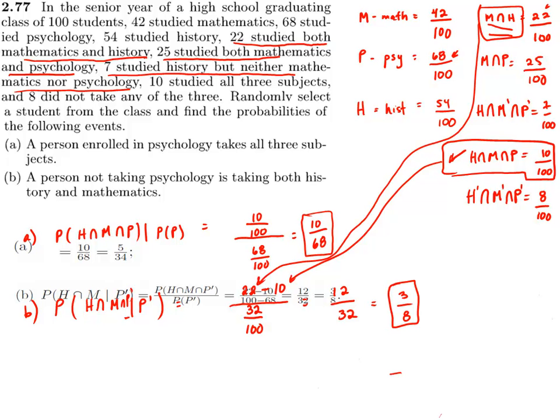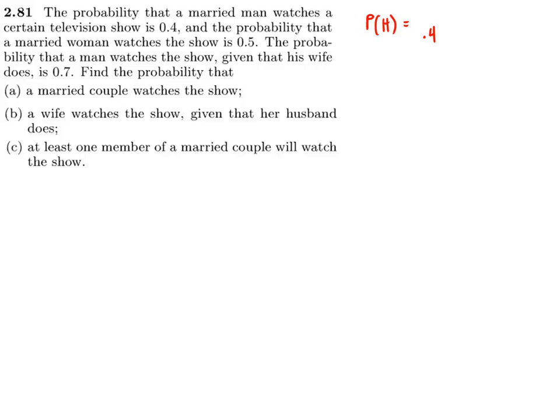So the probability of a husband is 0.4. Probability of wife watching that show is 0.5. And the probability that the husband will watch the show given that the wife is going to watch the show is 0.7.